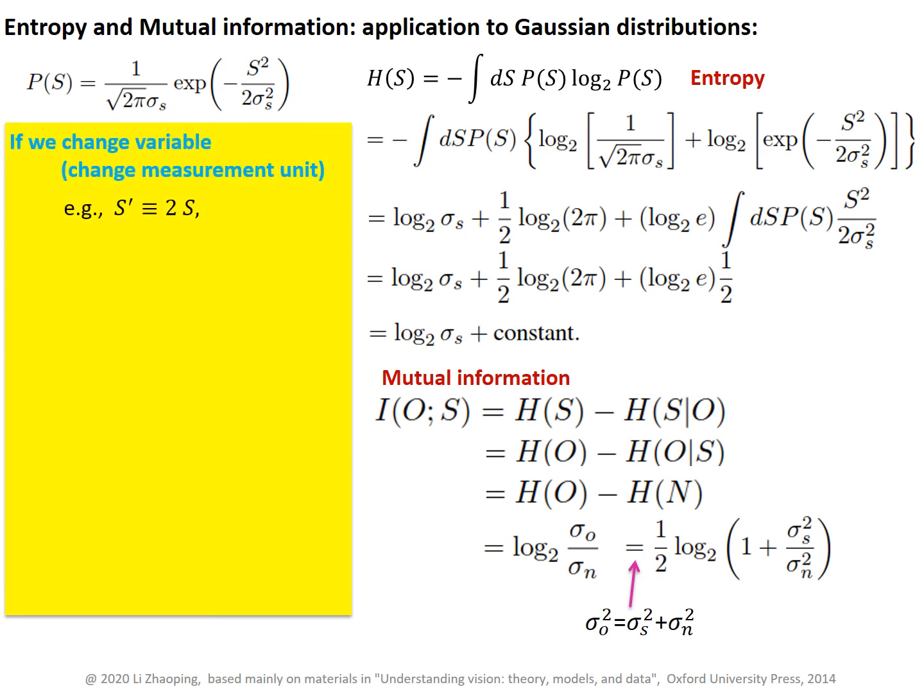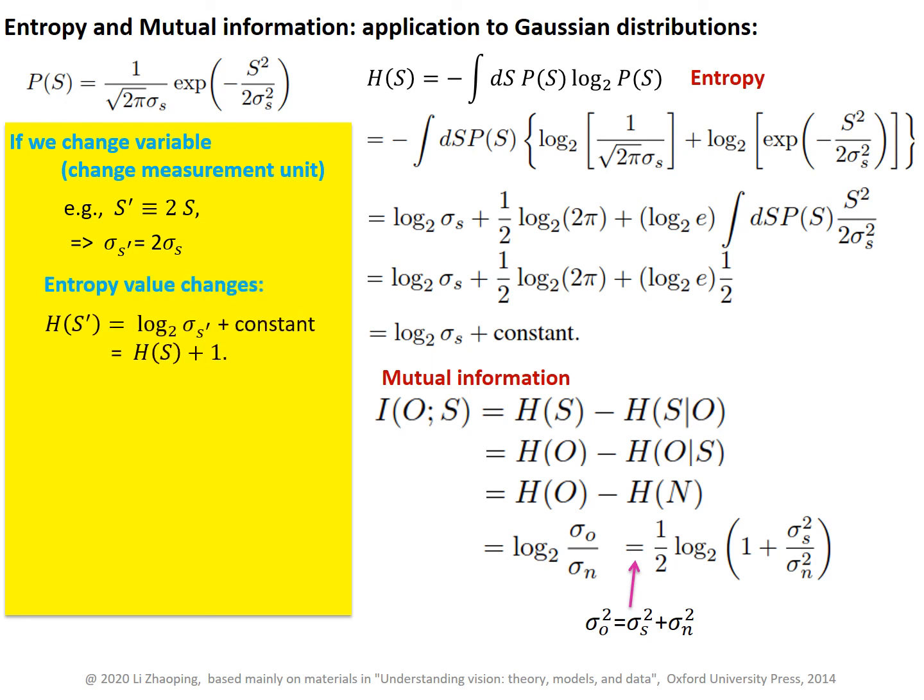If we change variables so that we define a new variable s prime as 2 times s, this can happen, for example, when we change measurement units, such as changing from measuring the length of something in inches to measuring it in centimeters. So expanding from s to s prime by a factor of 2 will also expand the standard deviation by the same factor.